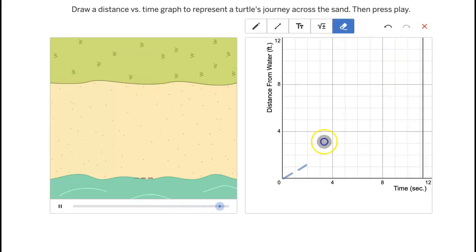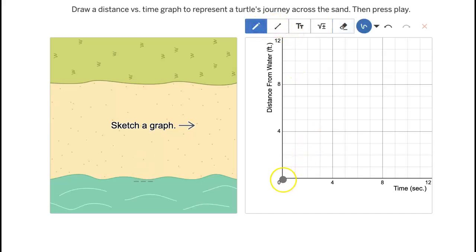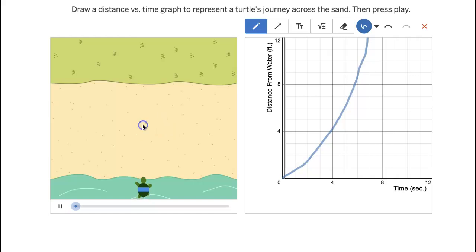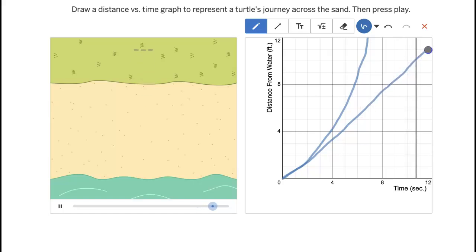Let's check again. So I'll draw the graph like this. Let's see how the turtle behaves. So the speed is increasing, right? Correct. What's the difference between these two graphs?